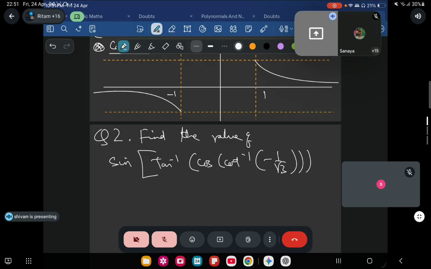We need to find out sine of tan inverse cos of cot inverse minus 1 by root 3. Okay, what is cot inverse minus 1 by root 3? Tell me, everyone. 2 pi by 3. So this will become sine of tan inverse cos of 2 pi by 3.